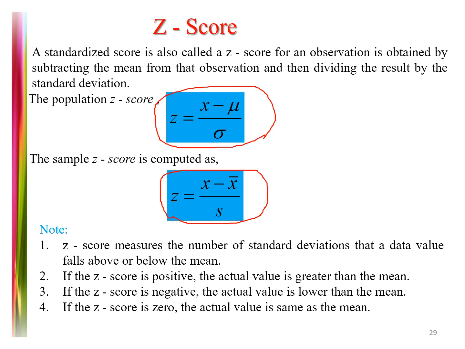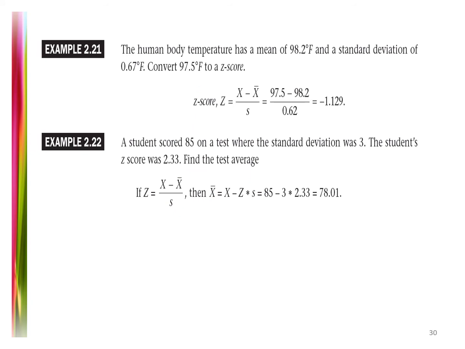All right, so this is a simple example. The human body temperature has a mean of 98.2 Fahrenheit and a standard deviation of 0.62 Fahrenheit. Suppose you need to convert 97.5 Fahrenheit to a Z-score.